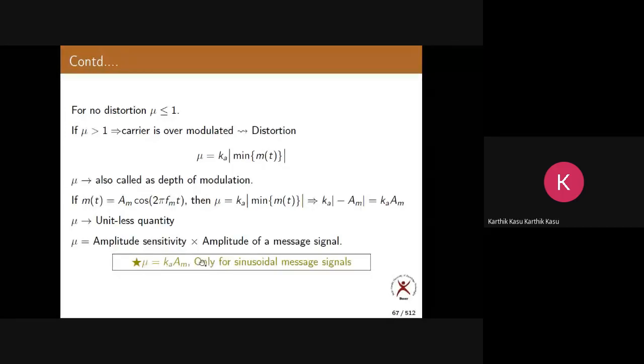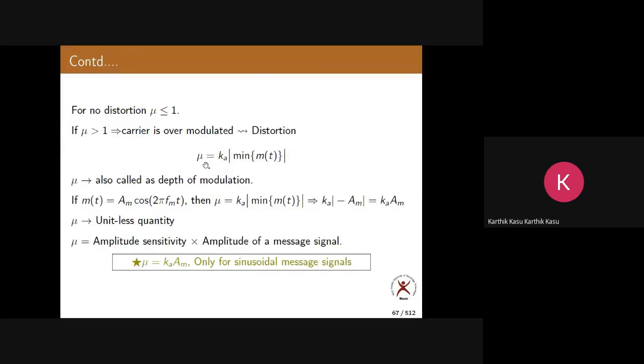Remember, it is only for sinusoidal message signals. Please remember this. So what is the generalized mu formula? This one. This is the formula of mu for any signal. You must remember this formula: mu equal to Ka mod of minimum of m of t.